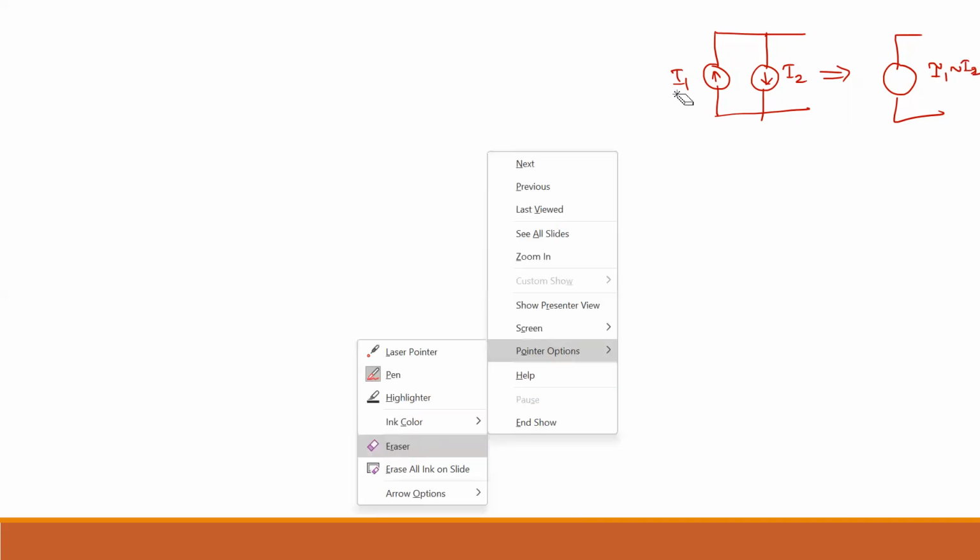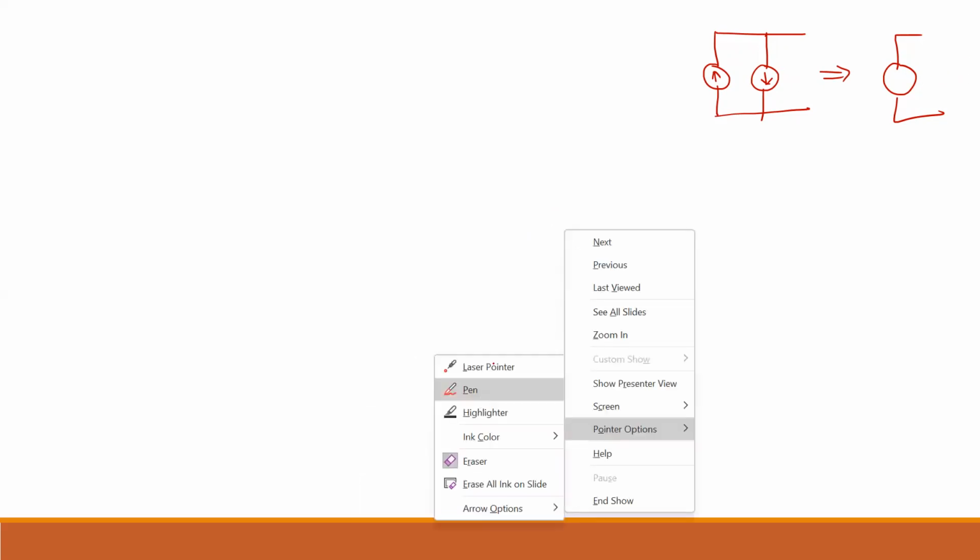For example, if I have 5 ampere and 3 ampere, what is the resultant current source direction? Which one is higher? 5. 5 minus 3 you have to do. 5 minus 3 means upward direction 2 ampere.